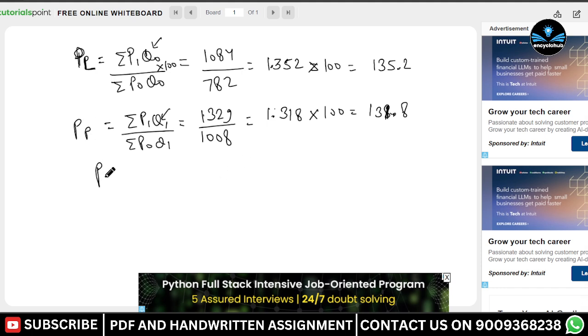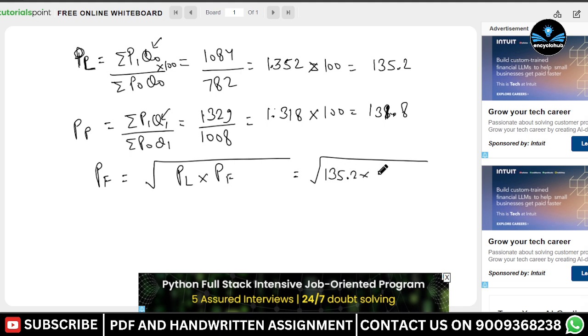Now we will find the value for Fisher's. So PL into PF: 135.2 into 131.8.